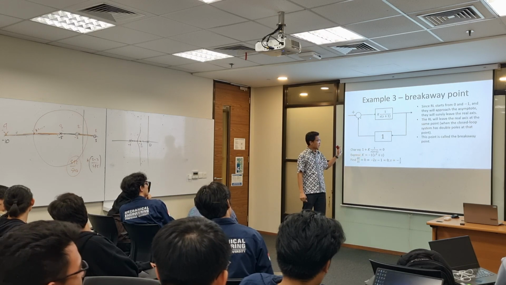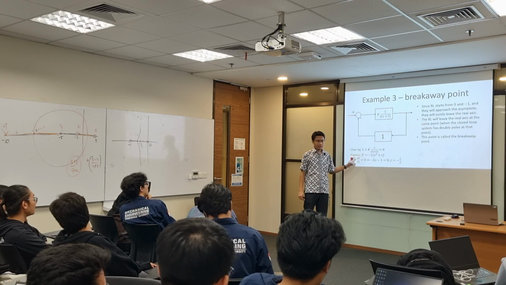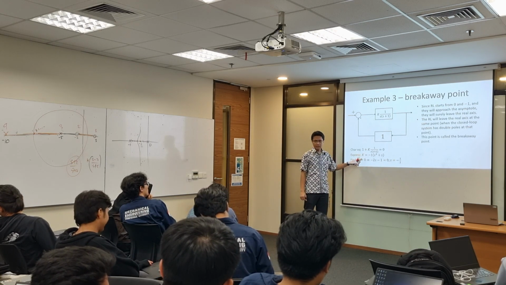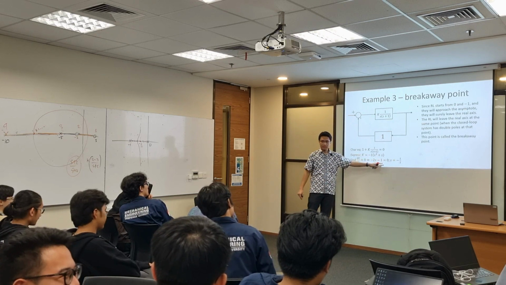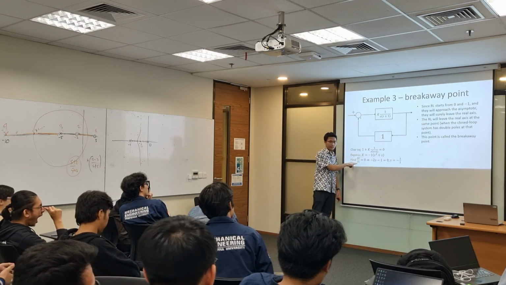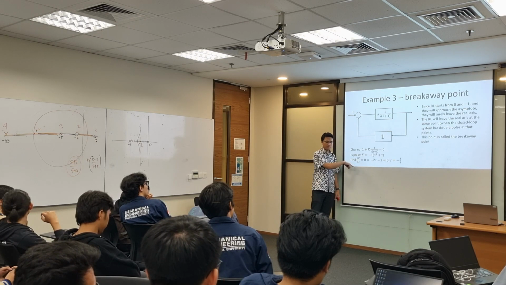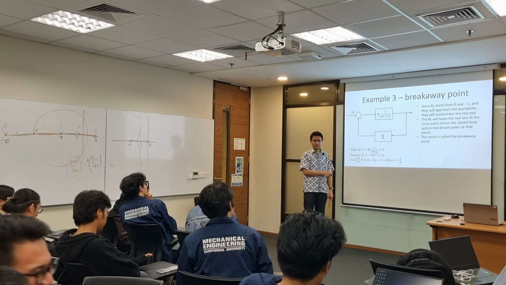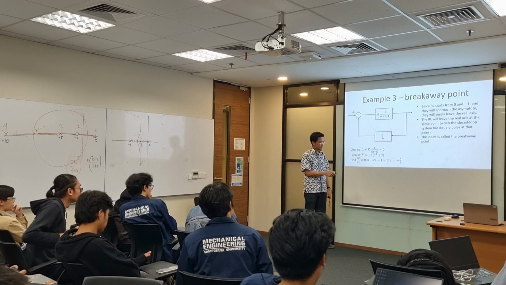To do this, yeah, this is a bit confusing in here. You express the characteristic equation first, yeah, and then after that you express it as a function of k. K is a function of s. After that, you take the derivative of the equation with respect to s. Okay, and after that, this will be your s.